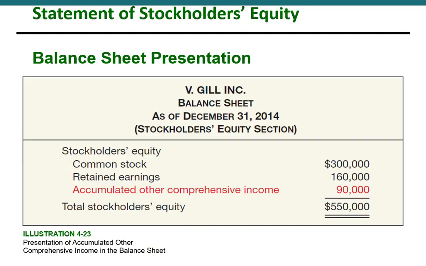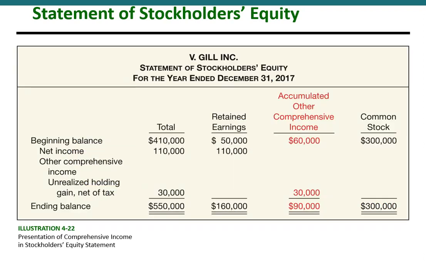We have common stock, retained earnings, and other accumulated comprehensive income. In this case, we have unrealized gains because we can see it was an increase in overall equity. If we had accumulated unrealized losses as part of other comprehensive income, stockholders' equity would decrease. And a broader view of it might be just like this. We have a beginning balance, current period unrealized gains, and then an ending balance in other comprehensive income.